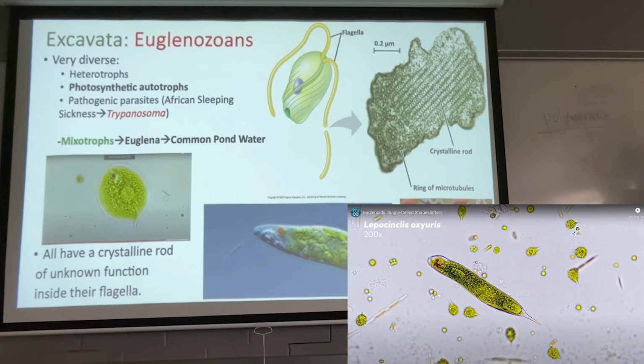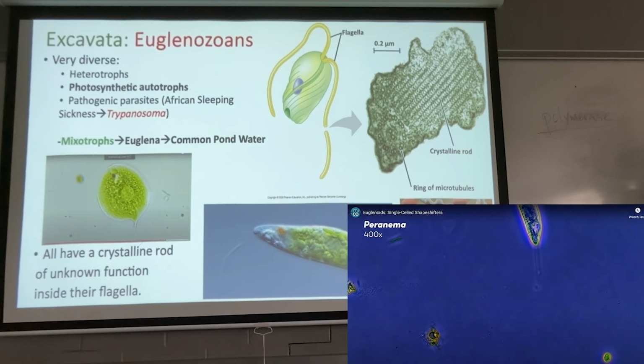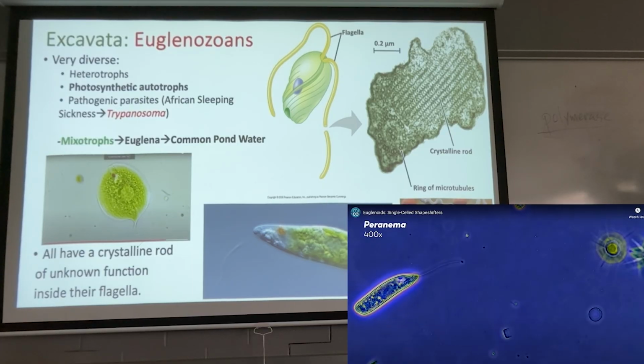Now there are a couple of pathogenic parasites in this group. Probably the most famous is African sleeping sickness. Here's the genus of protist that is responsible for African sleeping sickness. It's called Trypanosoma.